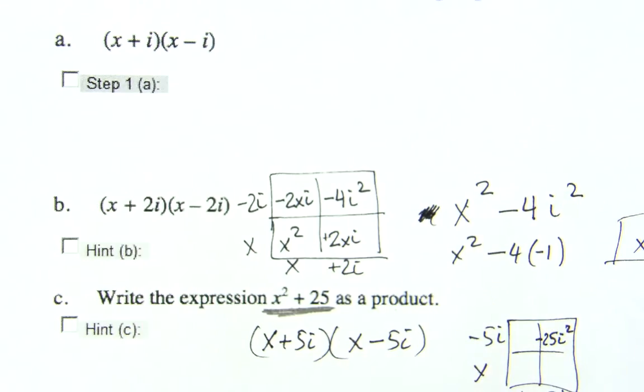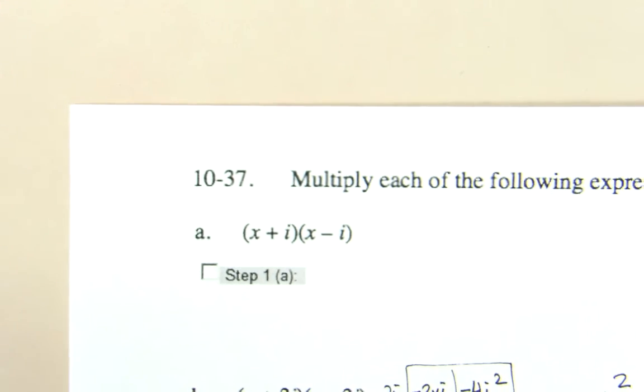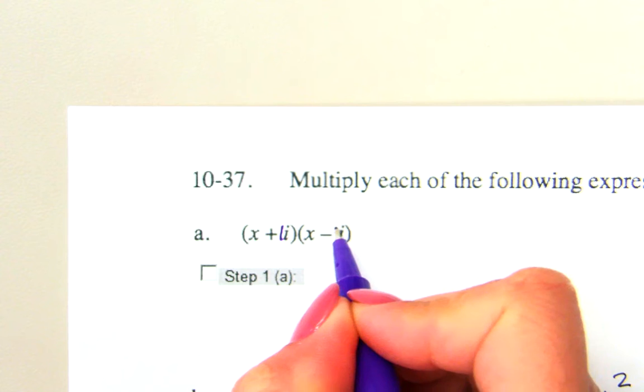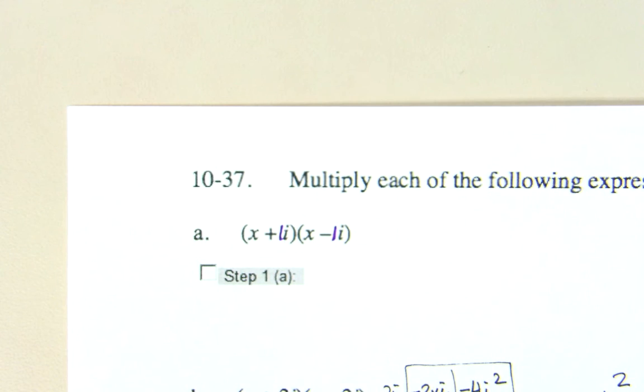Remember i squared is negative 1, if you're not comfortable with this, you're more than welcome to put a 1 and a negative 1 up there if you want to.